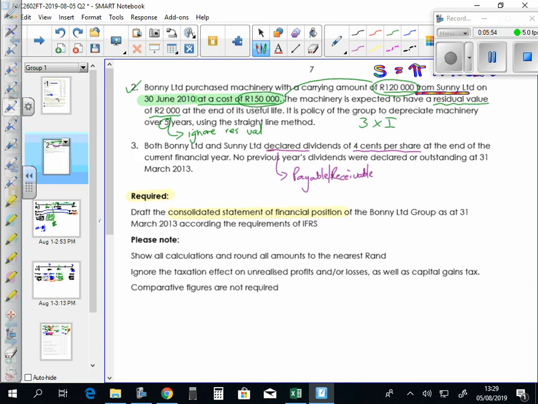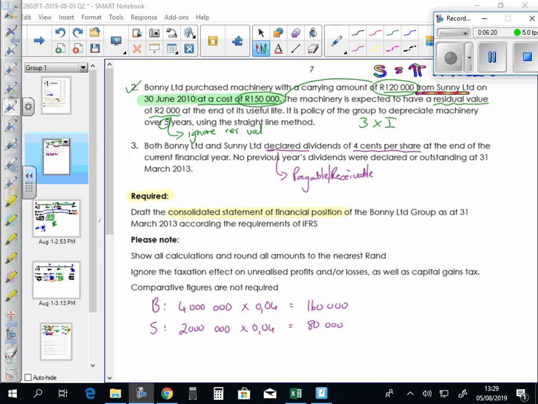So Bonnie has got 4 million shares. Sunny has got 2 million shares. Each will get a dividend of 4 cents. 4 million times 4 cents gives you 160,000, and for Sunny that would be 80,000 in dividends.